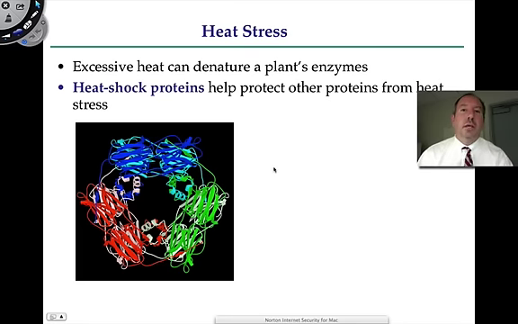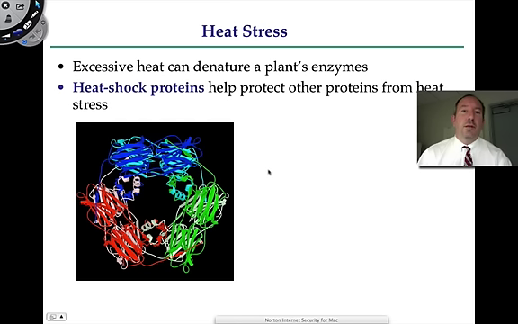And then heat is an issue too. If it gets too hot, what are you going to do? Again, you're probably not going to survive, but some plants can handle it. You can close your stomata to prevent water loss, but on a biochemical level, what's interesting is that you may know that proteins are sensitive to intense heat. For example, a protein will lose its shape or its conformation, and therefore it won't function effectively.